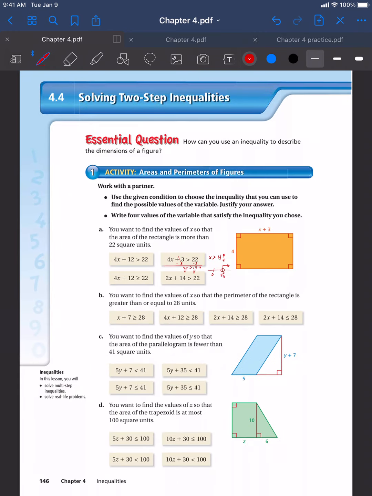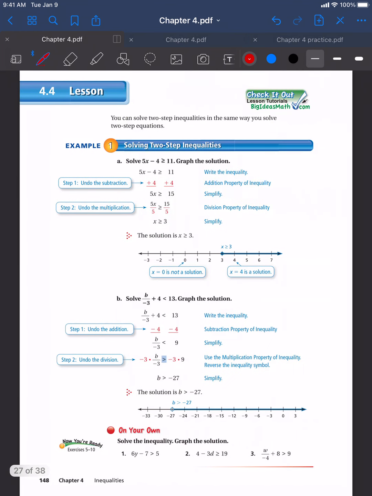Okay. Like I said, that was just activity 1. I want you guys to now turn to example 1 on page 148. All right.